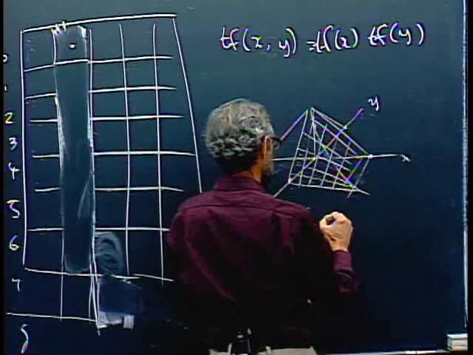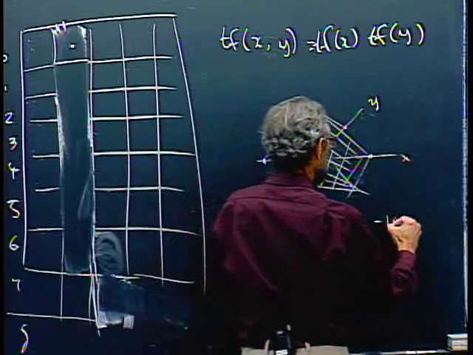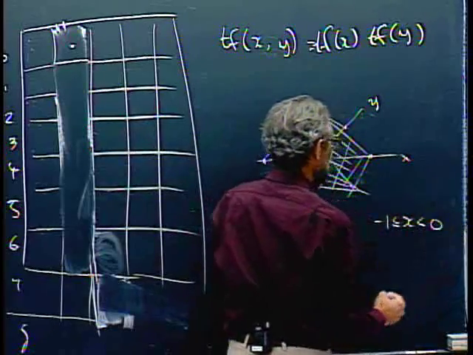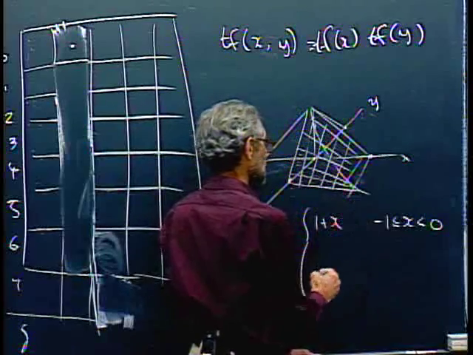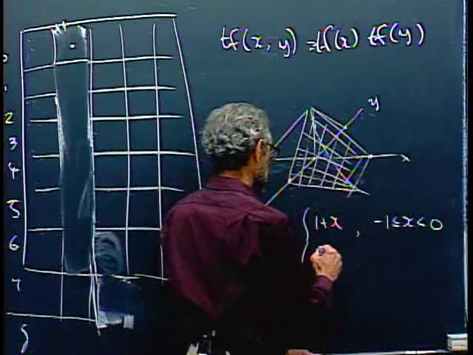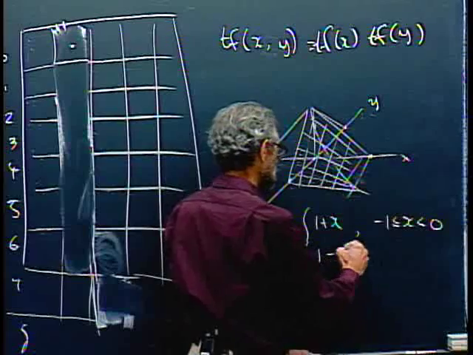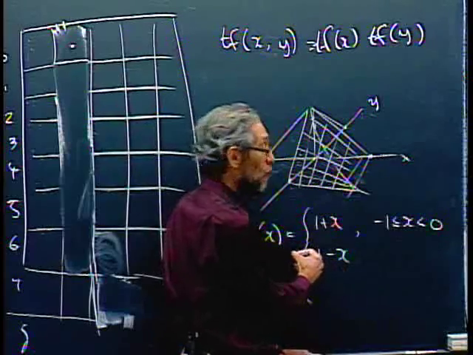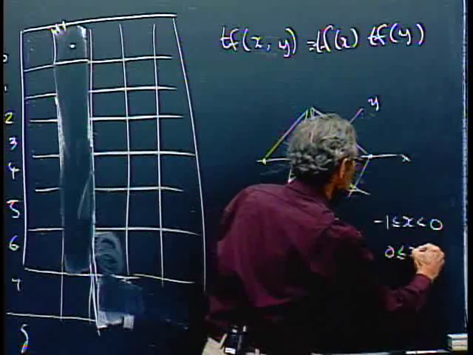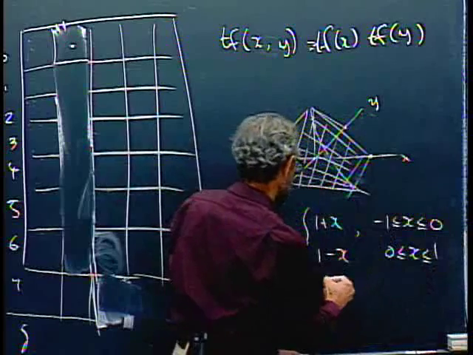Between -1 less than or equal to x less than 0, it had to increase to 1. So I think that's 1 plus x. And then 1 minus x is going to decrease from 1 to 0 as x goes from 0 to 1. Actually, these agree at 0, and it's 0 otherwise.